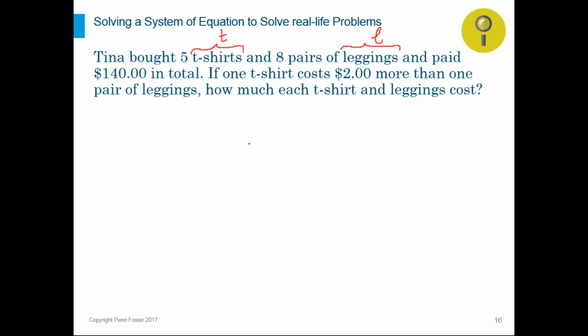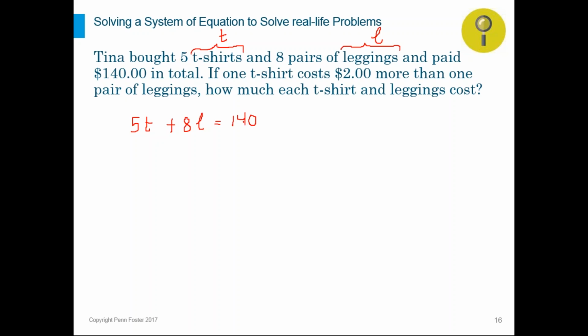Now the question said that she bought 5 t-shirts, so 5 times the cost of one t-shirt. Also she bought 8 pairs of leggings, so 8 times the cost of one legging, and then she ended up paying $140. This is one equation.